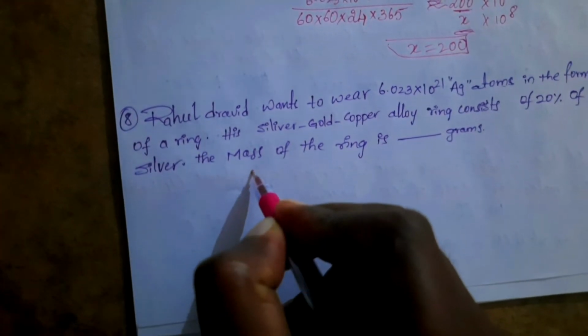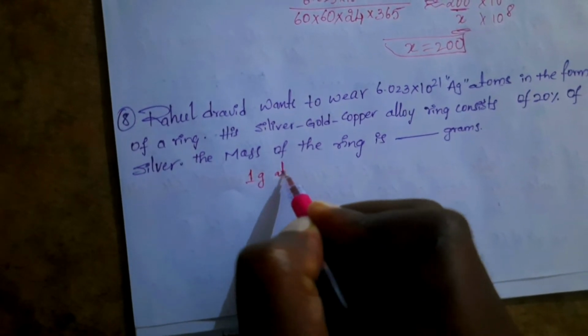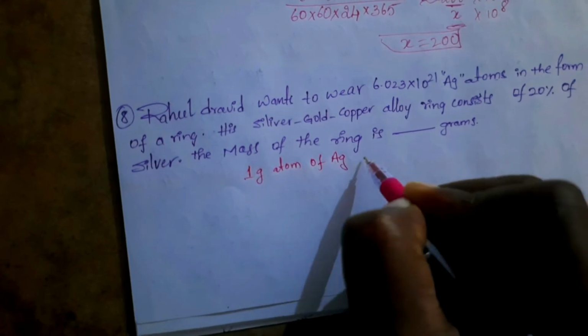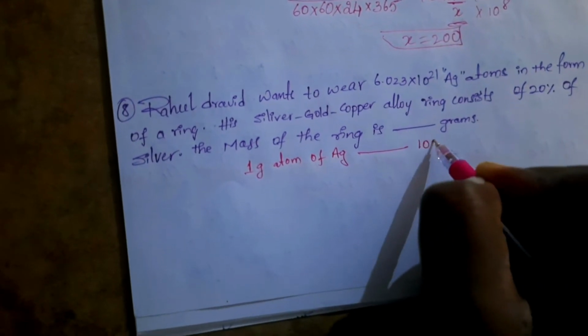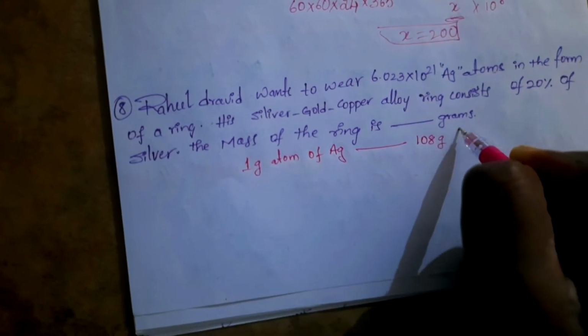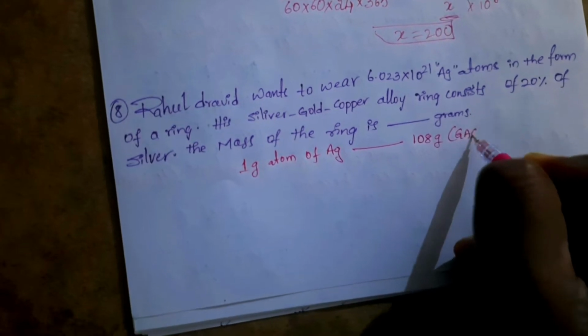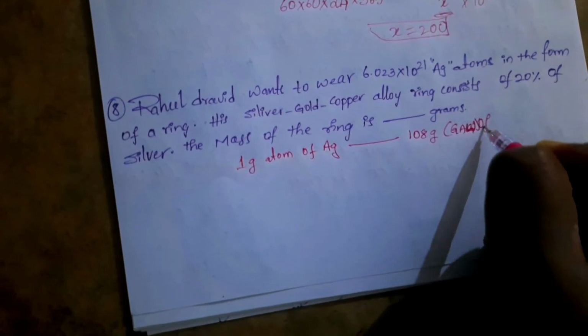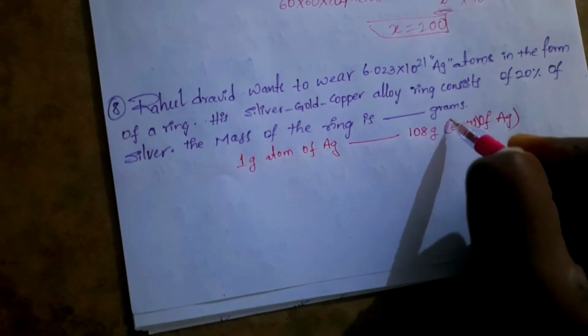We know that 1 gram atom of silver weight is nothing but the gram atomic weight, which is 108. Gram atomic weight of silver is 108.